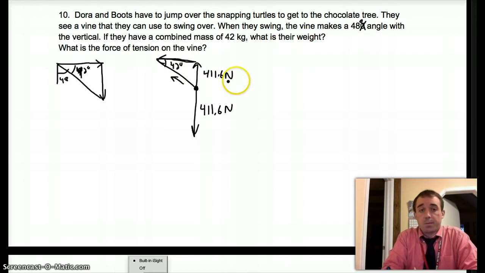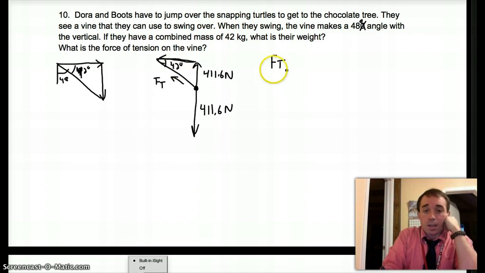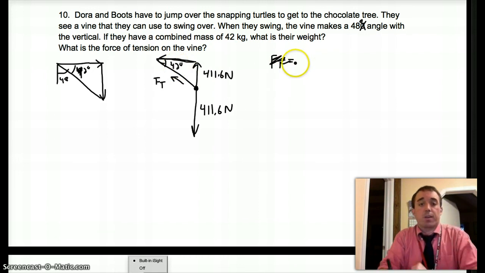It works exactly the same as what we just did. The tension force, which is our hypotenuse, is, here's our 42. So it's 411. Sorry, I just lost my train of thought. Our 42 degrees. We know our angle.